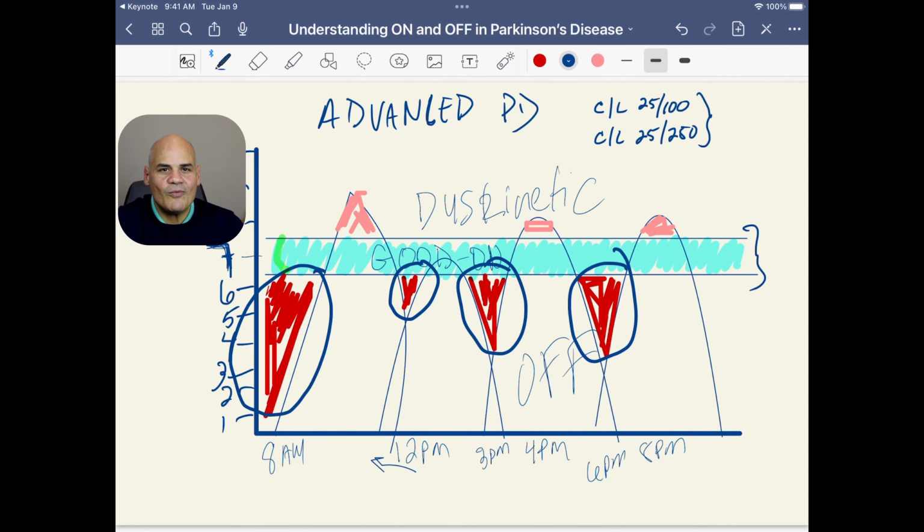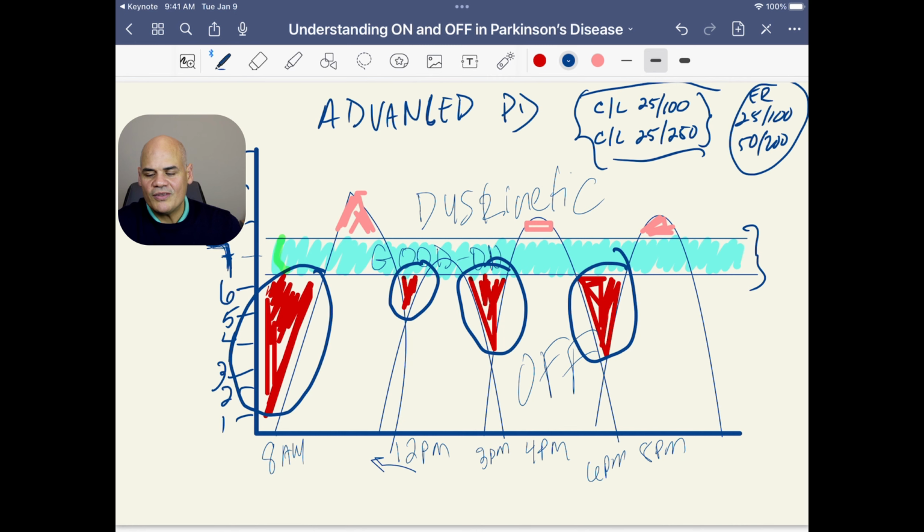There's also the 10-100, that I don't like to use. I like to use the 25-100 variety. And then we have the extended release versions, which are 25-100 and 50-200, right? But these medicines are a different animal, and the way that they are dissolved, they do not seem to be that great, right? So your doctor will be dependent mostly on the immediate release.